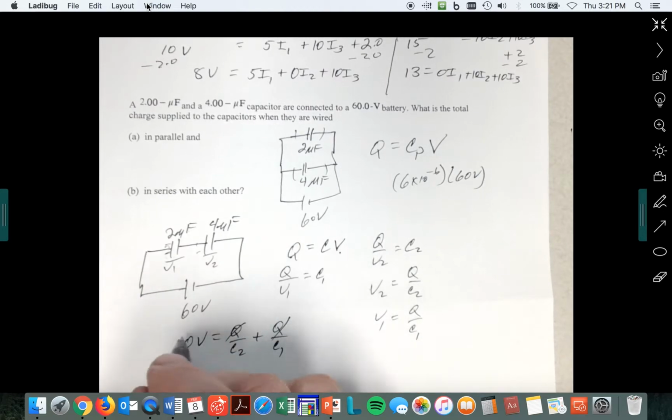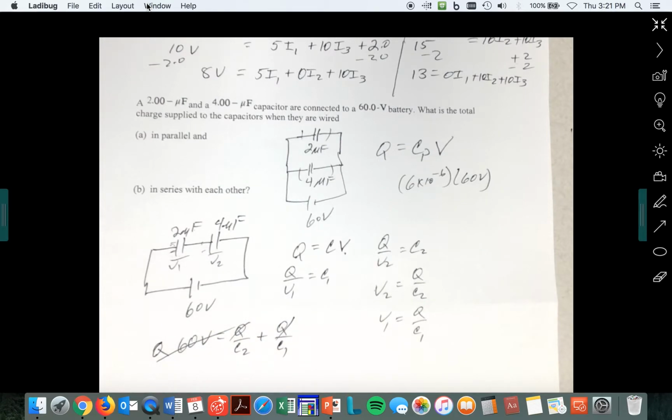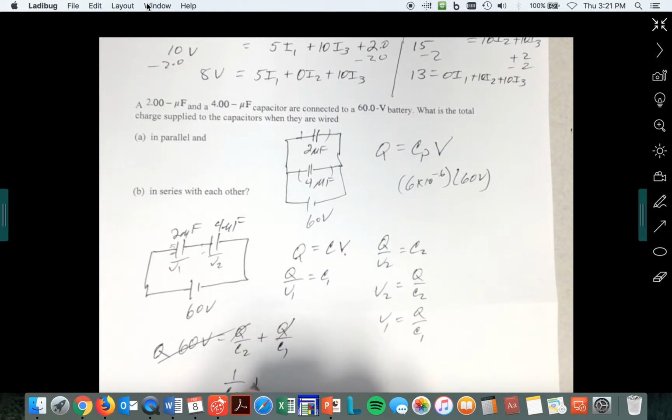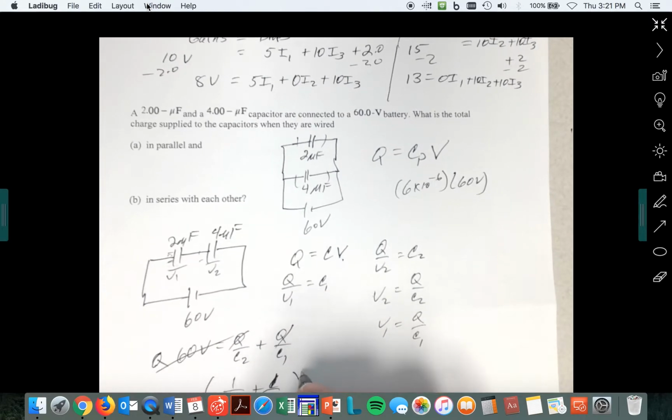And so we can cancel this Q out, because that's what the 60 volts is equal to. So we cancel out the charge. We get 1 over C2 plus 1 over C1. Don't forget to flip it.